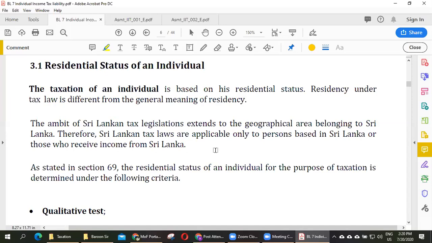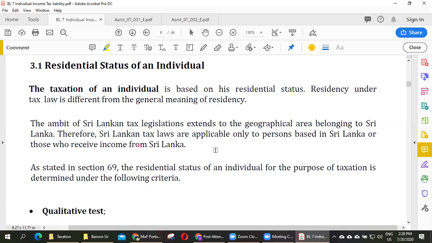Simply, a person who is living in Sri Lanka more than 183 days is a resident person, right? If the person resides less than 183 days in a year, he is considered as non-resident, no matter whether he is a citizen of Sri Lanka or a non-citizen of Sri Lanka.